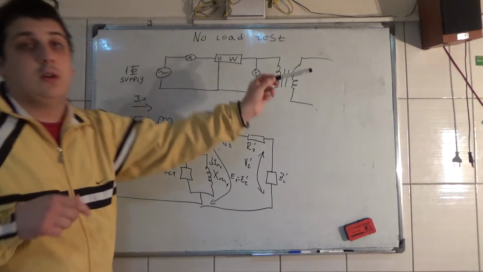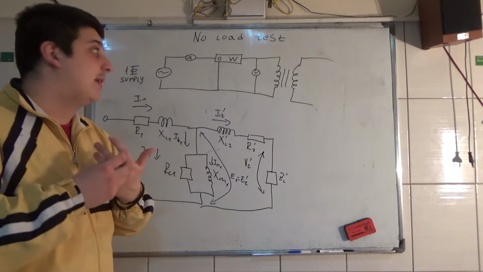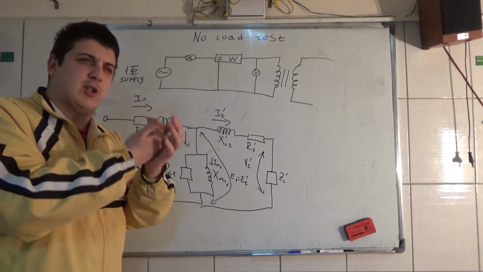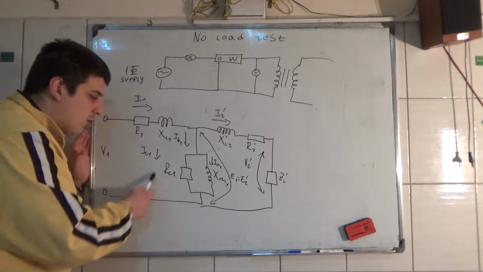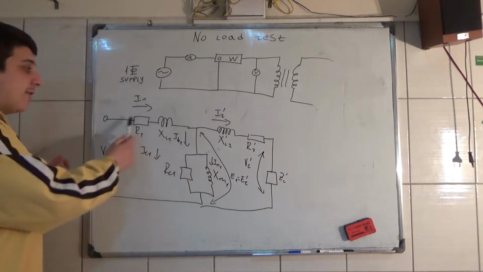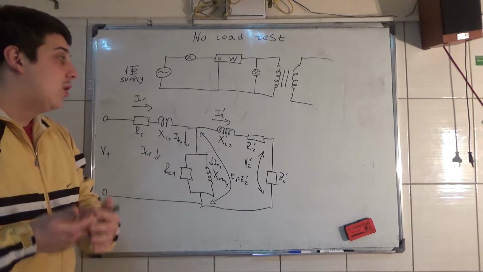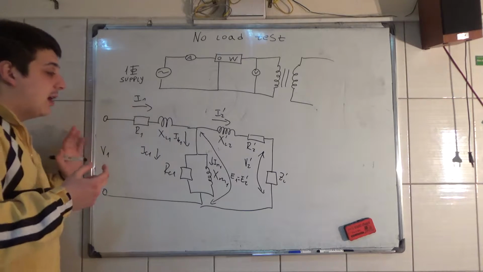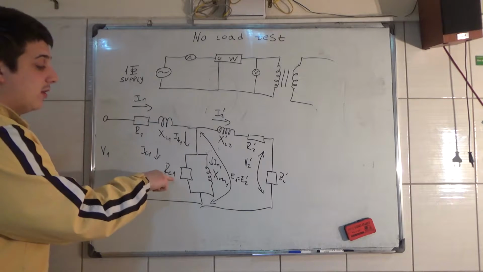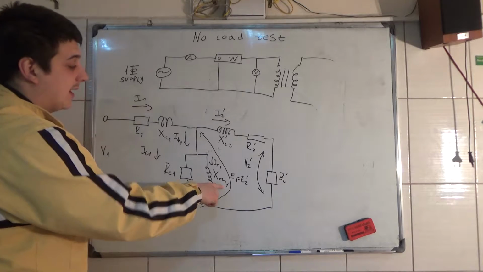All the power, or the active power, because a wattmeter measures the active power, goes on the core losses of the magnetic circuit. Of course, you have a winding resistance over here, but that is neglected. So, in the no-load test, we calculate the value of the exciting current, the core loss resistance, and the reactance.